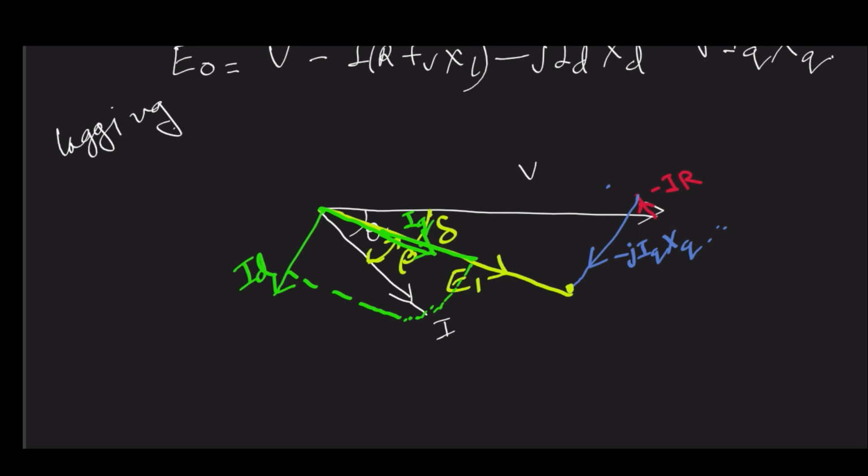Now once we draw this, we can draw the remaining part, like minus JIXL. This is our E.